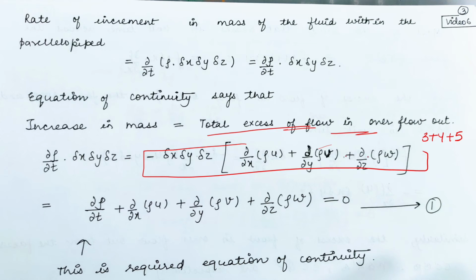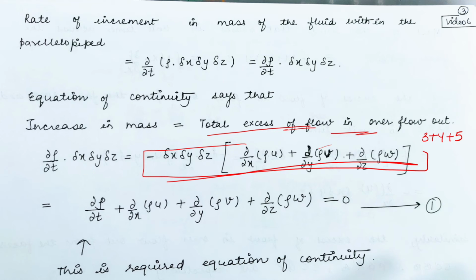You can see here, we have taken out delta x, delta y, delta z with the minus sign, and all the remaining terms we have taken inside the bracket, that is del by del x of rho u plus del by del y of rho v plus del by del z of rho w. Now I hope this is clear to you.